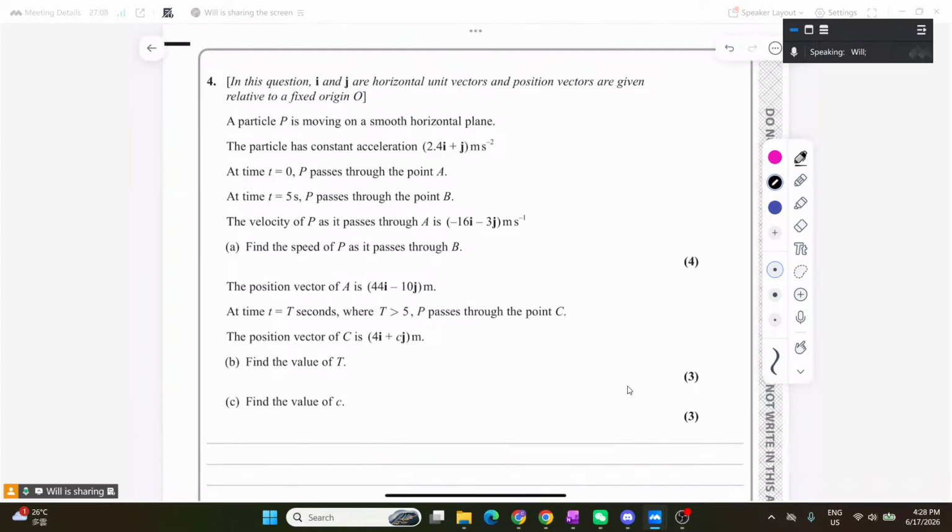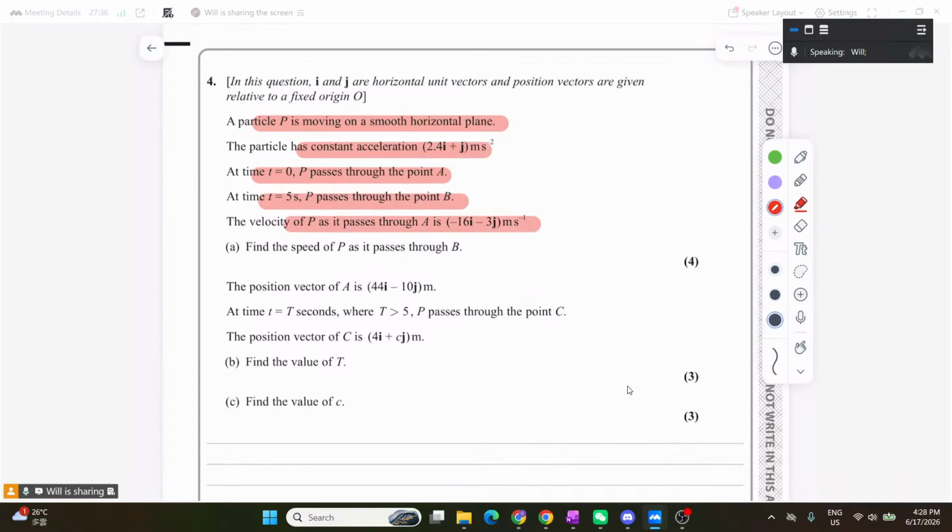For question 4, a particle P is moving on a smooth horizontal plane. The particle has a constant acceleration of (2.4i + j). When t is 0, P passes A. At time t equal to 5 seconds, P passes B. The velocity of P passing through A. First one, we need to get the speed.